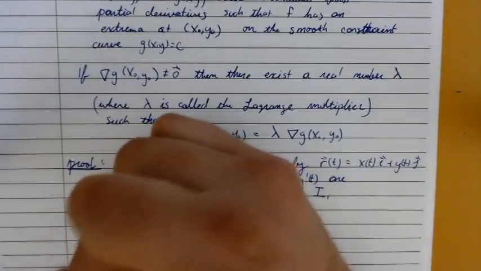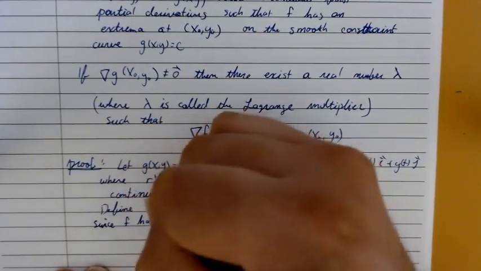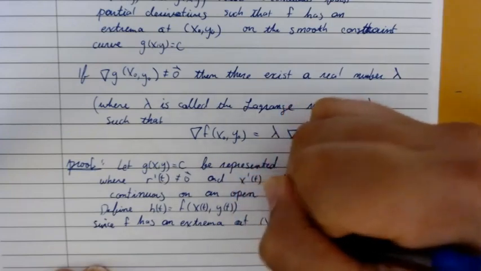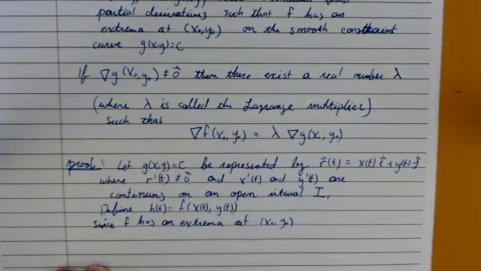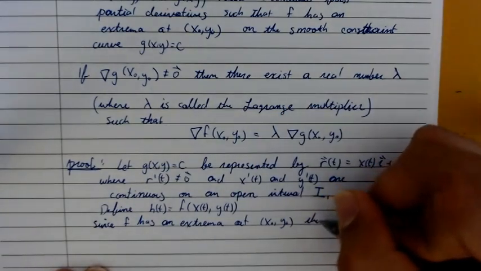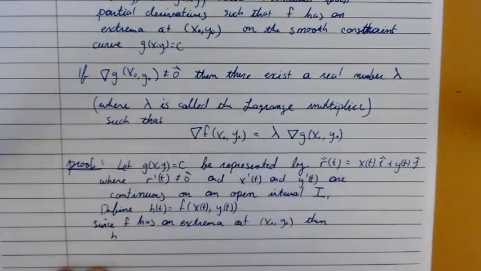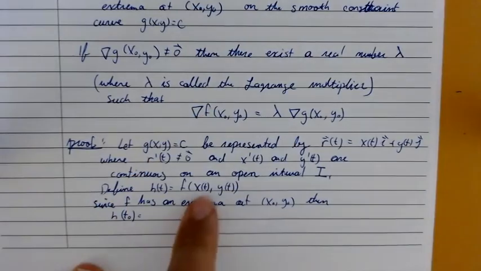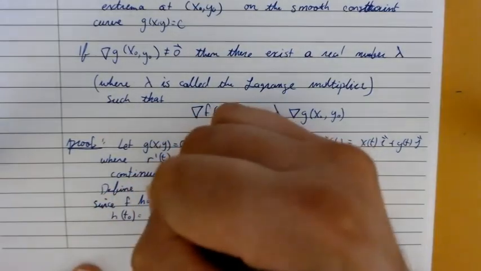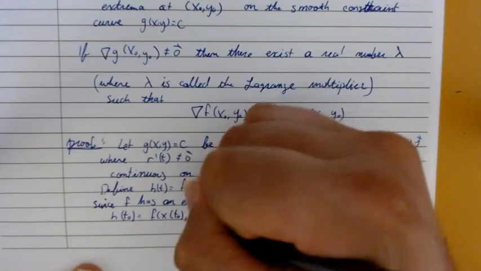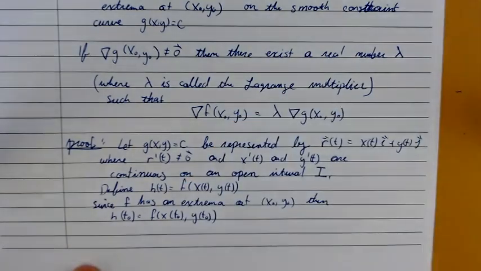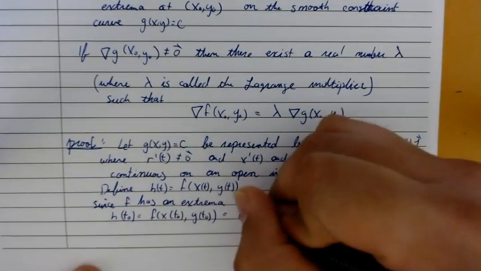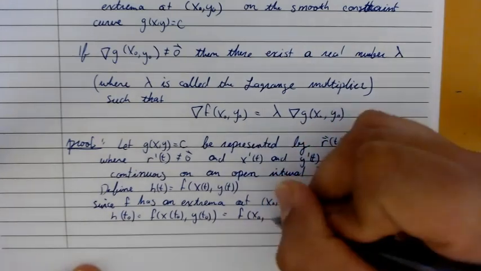Since f has an extrema at x naught comma y naught, then that means h of t naught, replacing those with t naught, would be f of x of t naught comma y of t naught, which would equal f of x naught comma y naught.